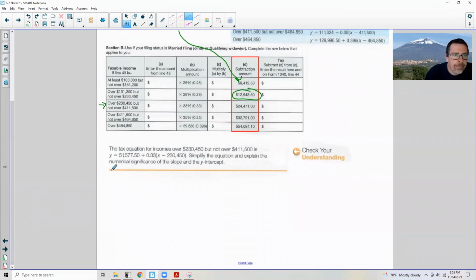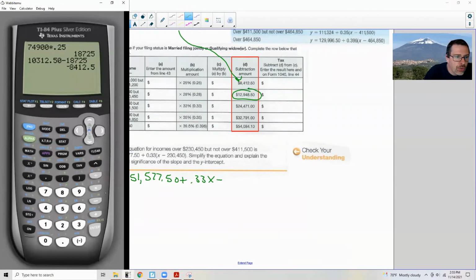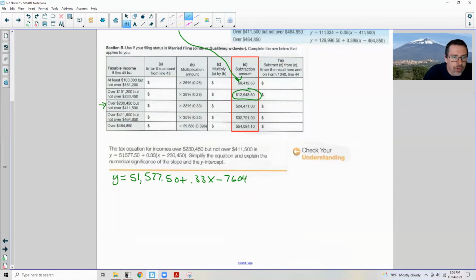So if we're going to do that, we're going to take y equals $51,577.50 plus, and I'm just going to distribute here, 0.33x minus, and then I'm going to take 230,450, multiply it by 0.33, which is dividing by 3, and I get 76,048.50.